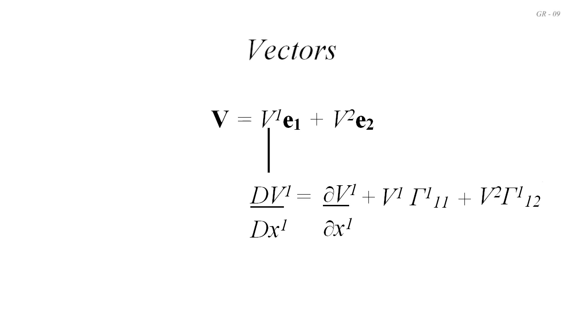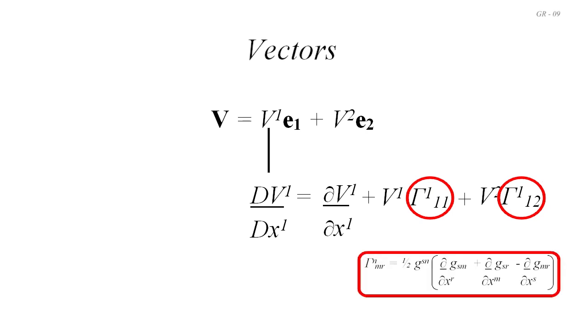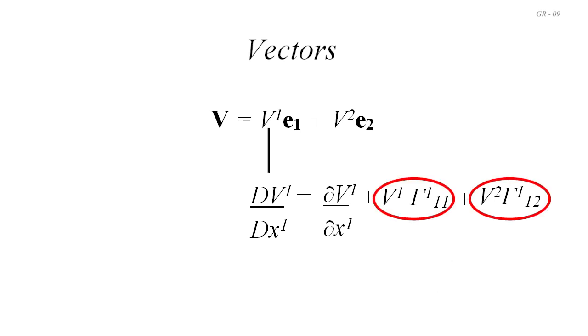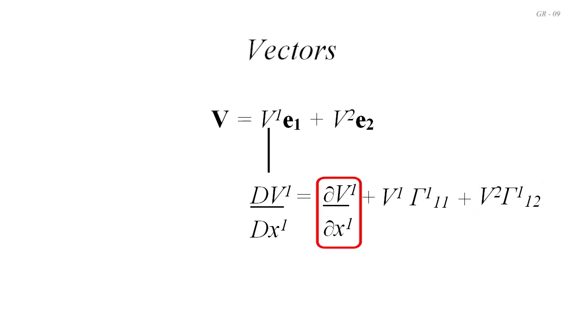of reference. You may recall that these uppercase gammas are the Christoffel symbols and contain the metric tensor and some of its derivatives, and these two terms here in 2 dimensions make a correction to the measured derivative of the component of the vector and then produce the actual derivative, the covariant derivative, which does not change from one frame of reference to another.